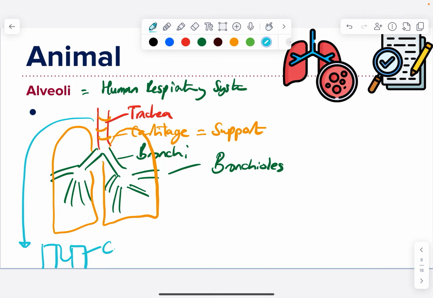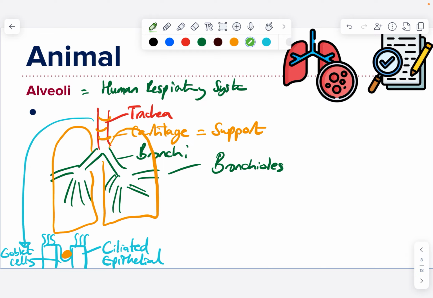So we've got ciliated epithelial cells, and they are cilia hairs which waft microbes out. And then you've got goblet cells. And the goblet cells are the things that produce the sticky mucus, which the microbes then stick to. So they always work together. But I want to focus on the alveoli.